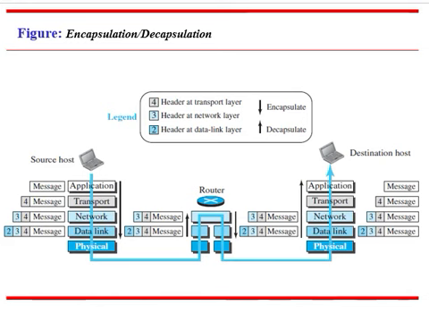So now we move to the second portion of today's lecture, which is decapsulation and encapsulation at the router. At the router we have both decapsulation and encapsulation because the router is connected to two or more links.